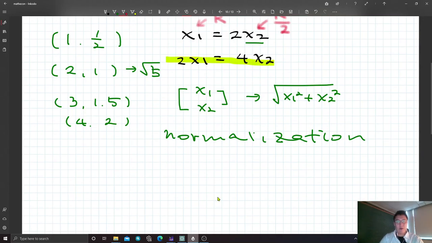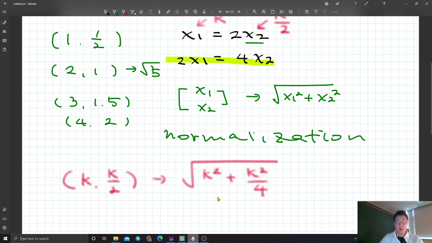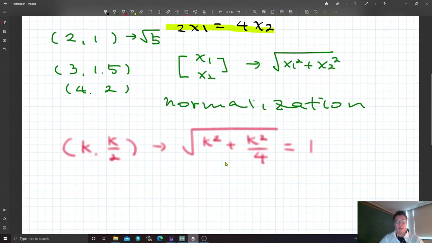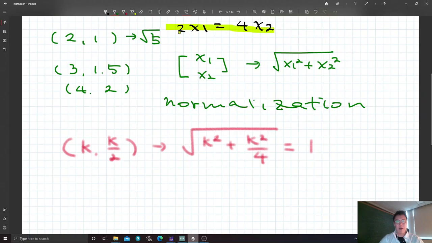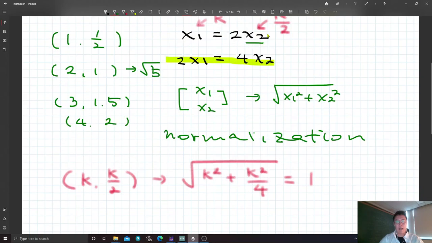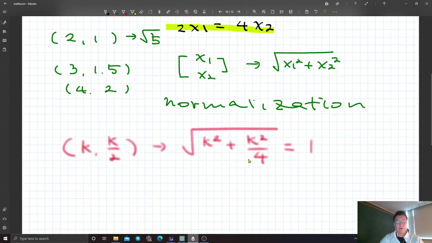Now if we think about k comma k over 2, its magnitude is going to be the square root of k squared plus k squared over 4. Now we would like to normalize this to 1. Solving for k gives me the value of x1 and the value of x2 as well. So from that we can identify the unit eigenvector.